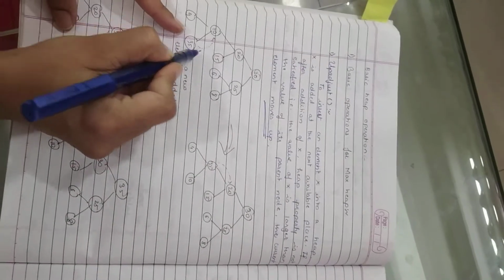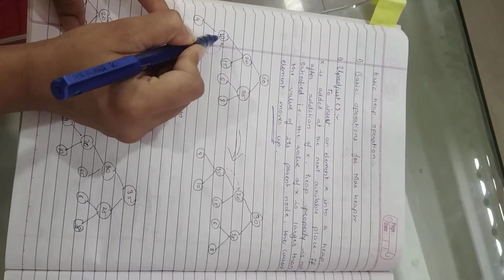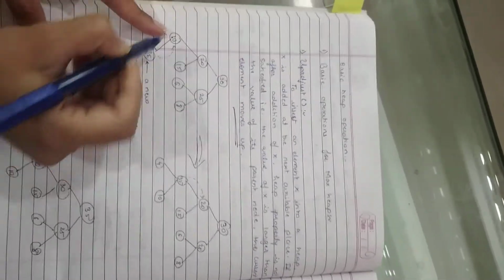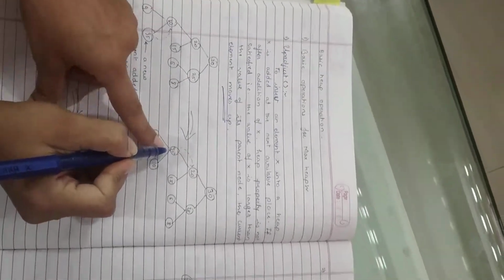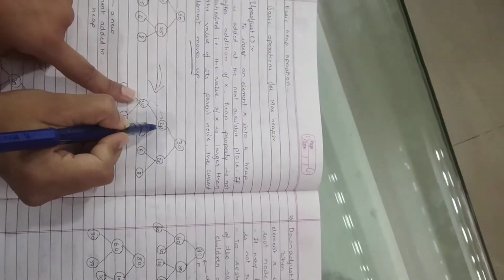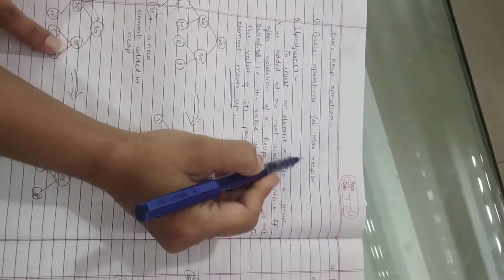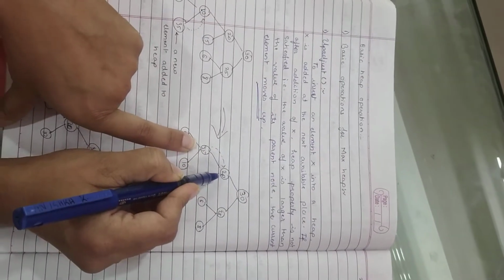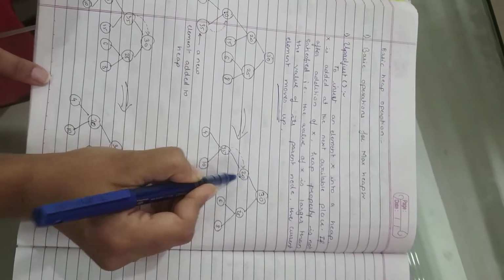Here 35 should be moved up and 35 becomes the parent of 10, and 10 becomes the child of 35. Again check this property. Here 35 is the child of 20 but 20 is less than 35, and we have seen the max heap property already. That's why we again move 35 up to the parent node. Again 35 is replaced by 20 and 20 is replaced by 35 here.